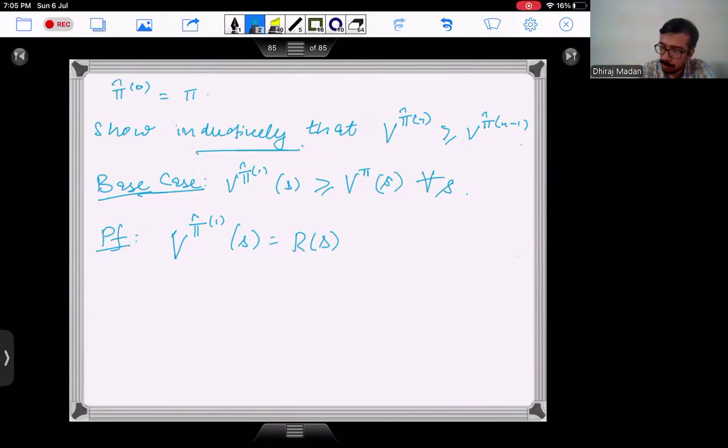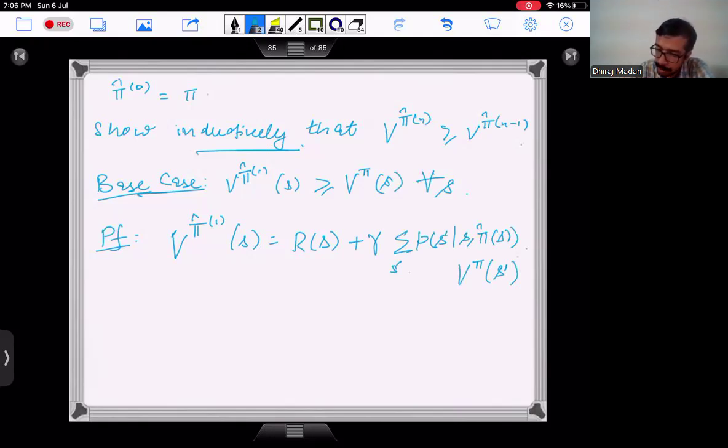So firstly, you just get the reward R of S. And then you have gamma times the sum over S prime. Since in the first step we follow pi hat, the next state we move to has distribution given by P of S prime given S and pi hat of S. And after that, the value function we use is nothing but V pi of S prime. Right? So this is what we have.